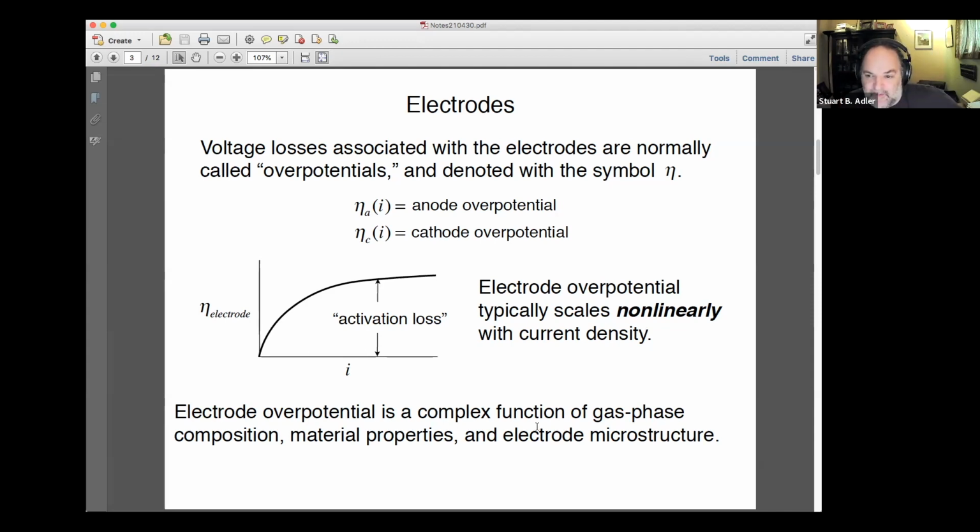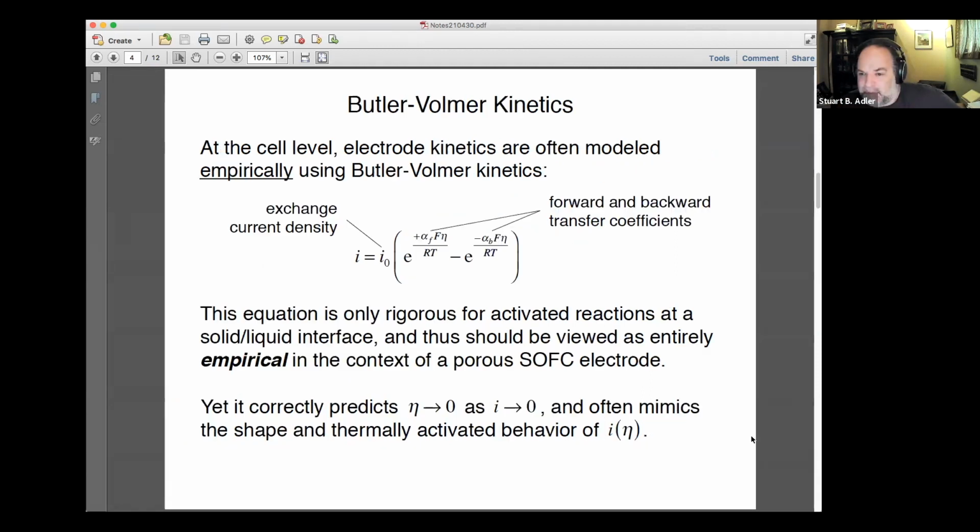I will talk about one simple model for why it looks this way. It's an empirical model, but it gets at the basic issue. It's called Butler-Volmer kinetics. It is theoretically a true statement, actually, for certain types of single electron transfer reactions at interfaces. So it has some semi-theoretical basis. The basic idea is you can think about current flows or electrochemical rates as a competition between two processes, a forward rate and a backward rate.